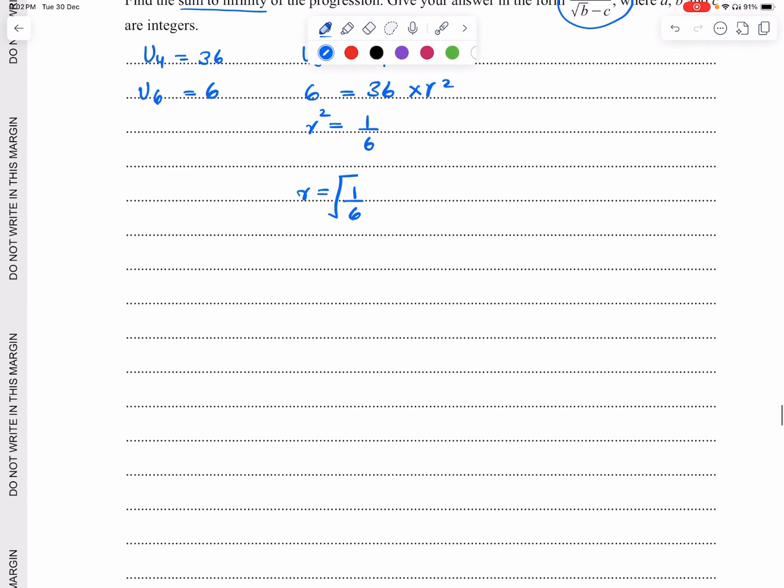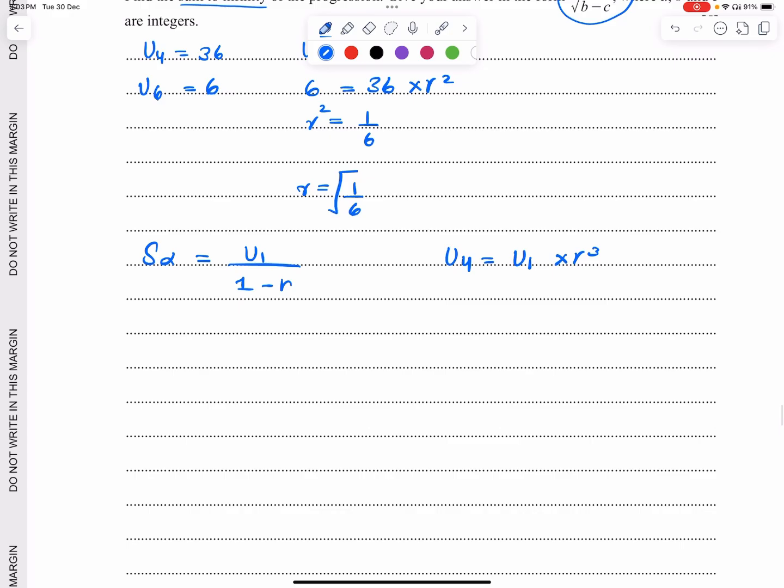The formula for sum to infinity is u1 over 1 minus r. For that, we'll have to figure out u1. So u4 is equal to u1 into r cubed. Again, you can see that 3 and 1 are adding up to 4. u4 is something that we know, which is 36, and r cubed is something that I can find out.